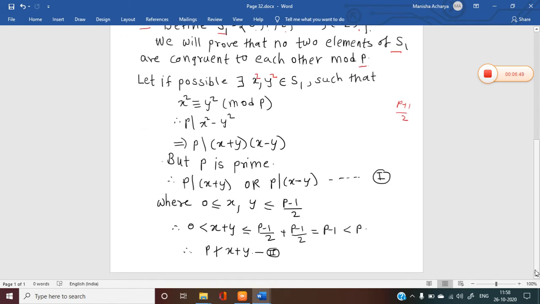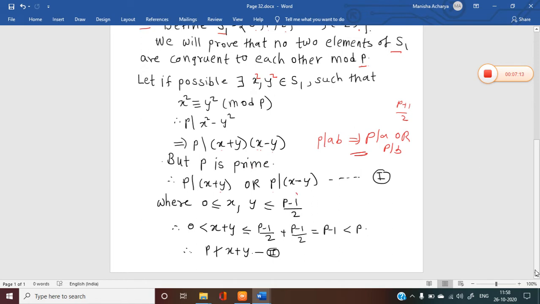Therefore p divides x square minus y square, then p divides the product (x plus y)(x minus y). But p is a prime number, so we know that if p divides a into b, then this implies either p divides a or p divides b. So using this Euclid's lemma, we say p divides x plus y or p divides x minus y.